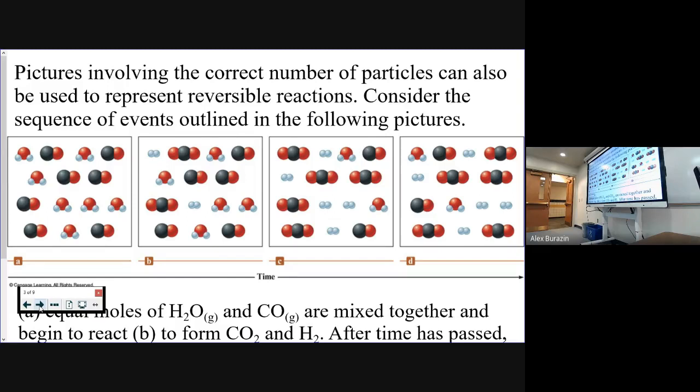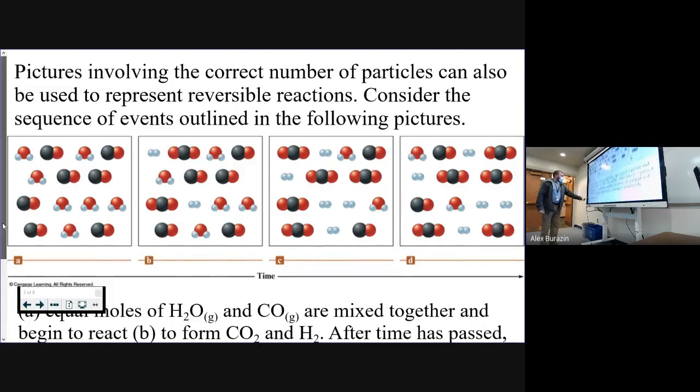Because anytime after that, at D, we have the same molarities or the same concentrations of all the species in our solution. Okay? So same concept, just with pictures. What's really important here is we're not looking for equal quantities. We're looking for molarities stabilizing or molarities going unchanged, because that represents equal rate.